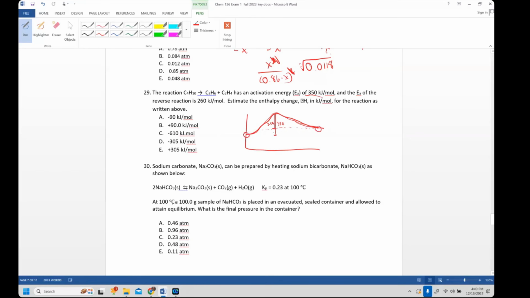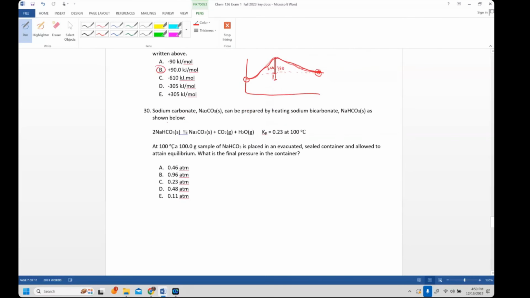So basically asking us to find the difference in these two values. So 350 minus 260 is 90. Now the question, is it plus 90 or minus 90? Well, because this works out where the reverse reaction requires less energy, that means the forward reaction gets to a place of higher energy, meaning it's endothermic, and B is the answer, so it's positive.